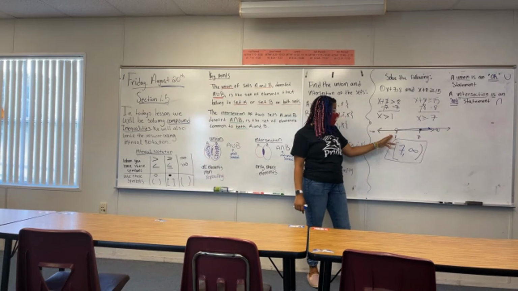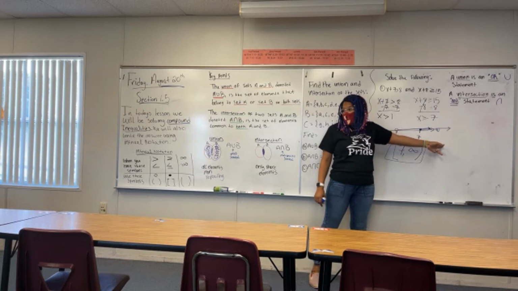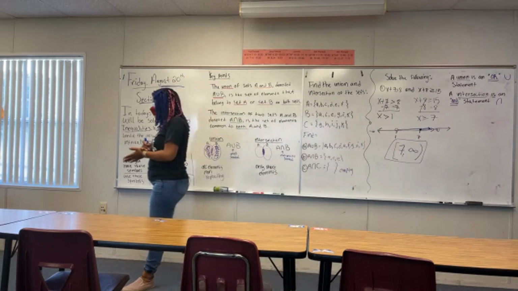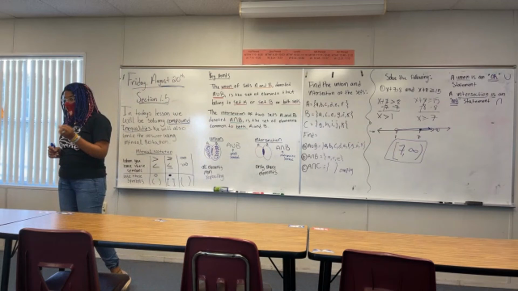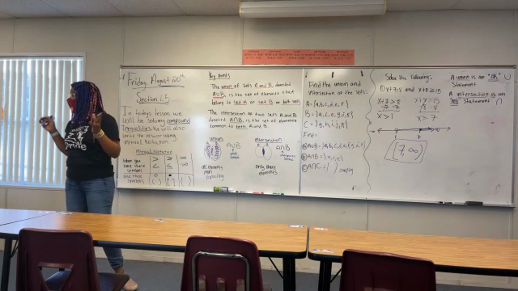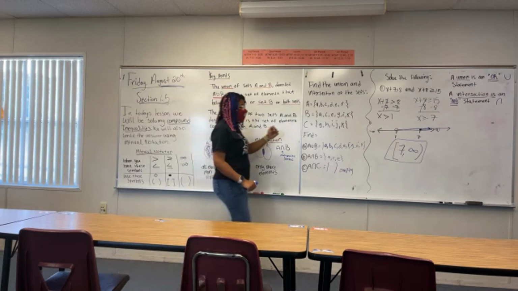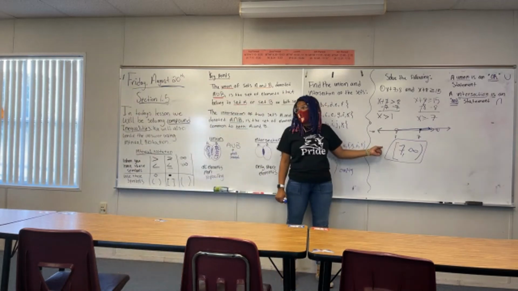So it would have been from 1 to positive infinity because it wants the solution for both of them, right? So knowing what the and or the or means is going to help you determine what solution set you're looking for.